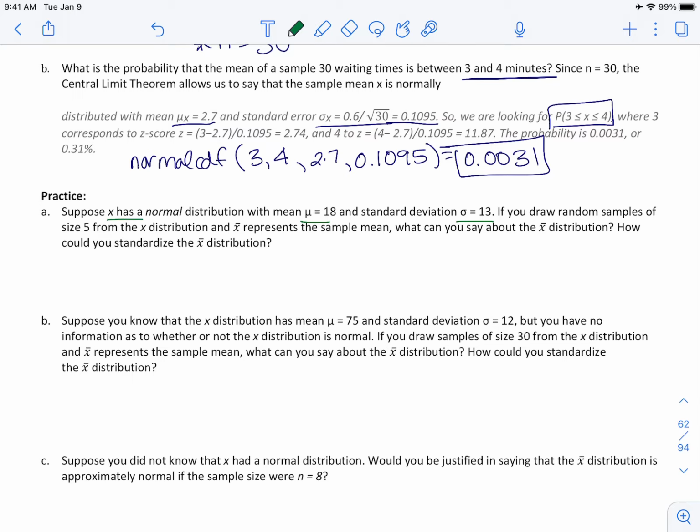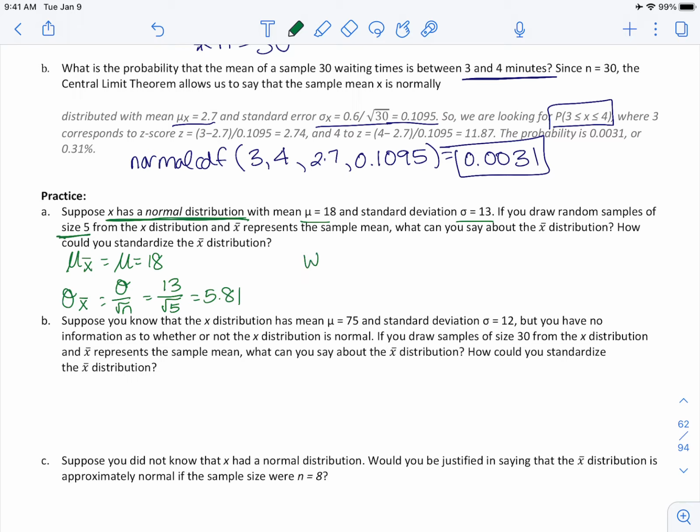So again, we're told that x has a normal distribution, so we don't need to worry about that sample size being greater than 30, right? We have a sample size 5, which is fine because we know it's normally distributed. So our mu of x bar is equal to mu, so that's 18. Our sigma of x bar is equal to sigma divided by square root of n, which gives us 13 divided by square root of 5, which is 5.81.